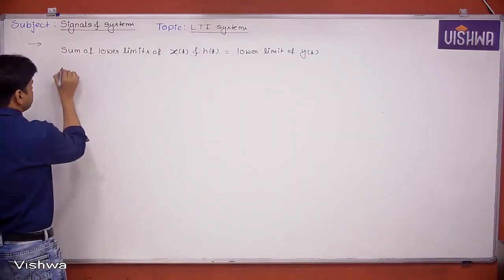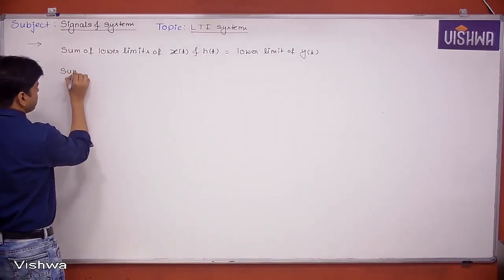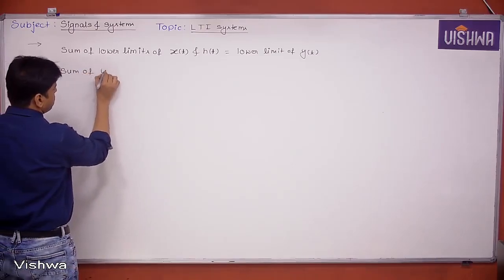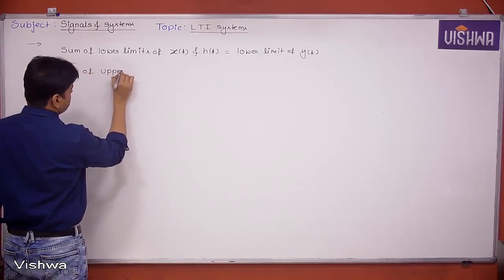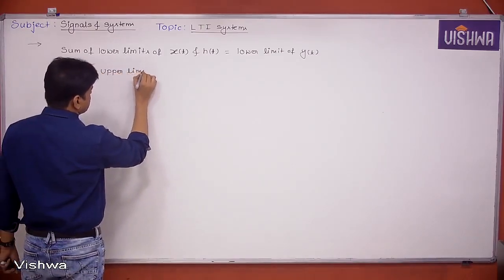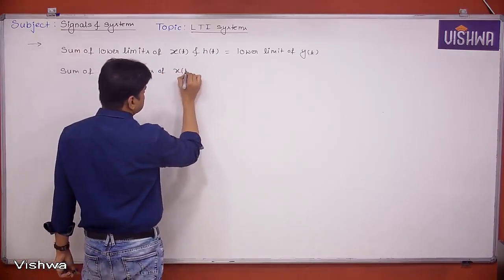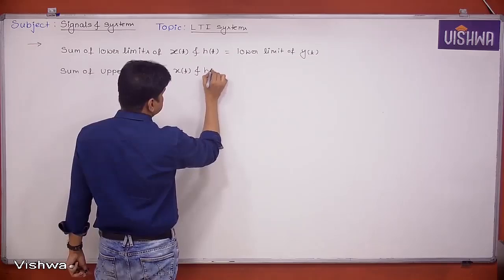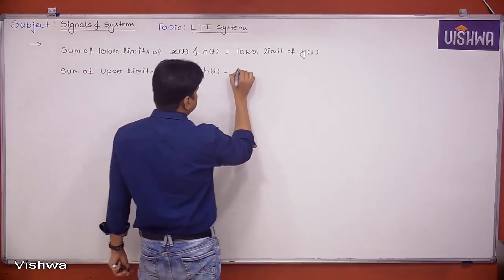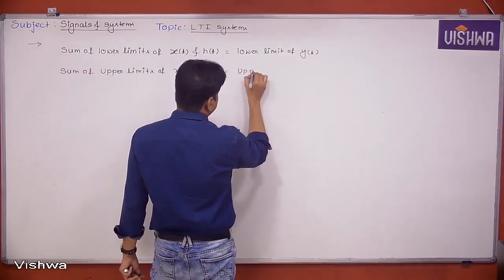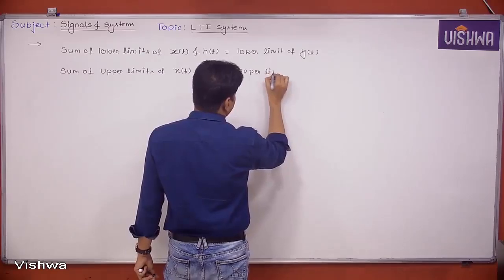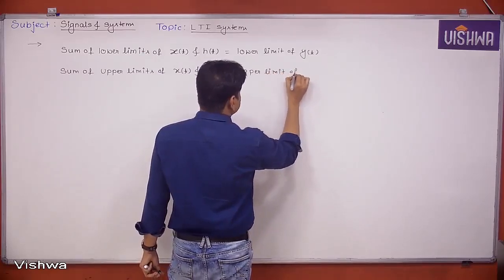Next, the sum of upper limits of x of t and h of t is the upper limit of y of t.